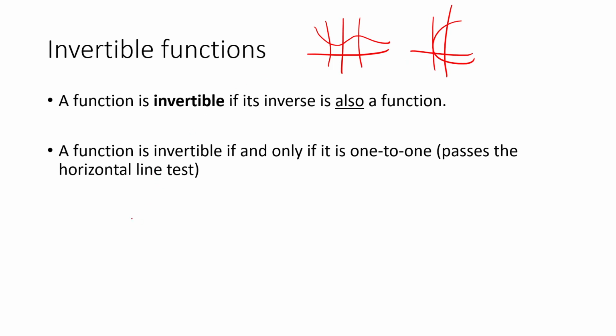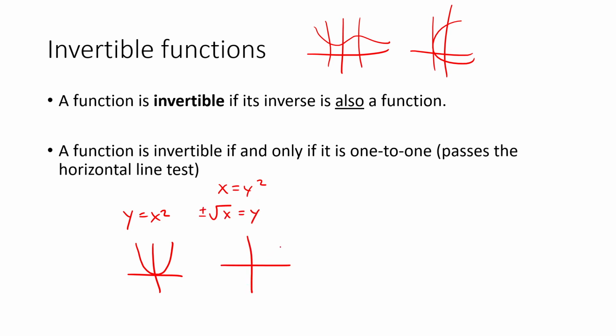Okay, and the classic example is x squared. That is a function. However, if you were to take its inverse, let's switch x and y and solve for y. Remember, when you take a square root, you need to take a plus or minus, and that graph looks like this, which we just said fails the vertical line test, so that's not a function. This is a function, but this is not.